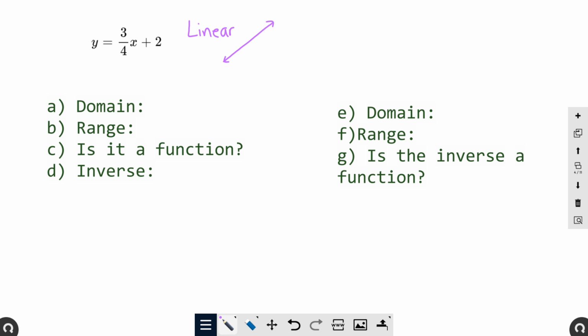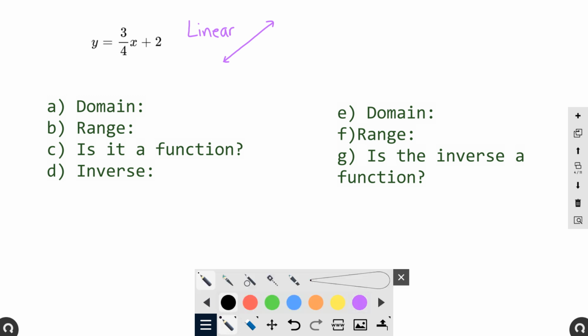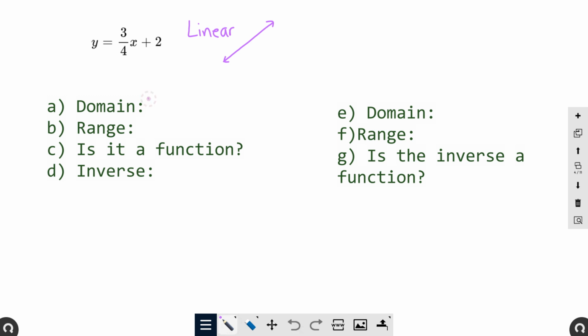Now, if you have a line, what's the domain of any line? All real numbers. That's exactly right. It's going to go on forever in all of our directions, so it's all real numbers. What about our range? All real numbers again. Is it a function? Would it pass my vertical line test? Yes.